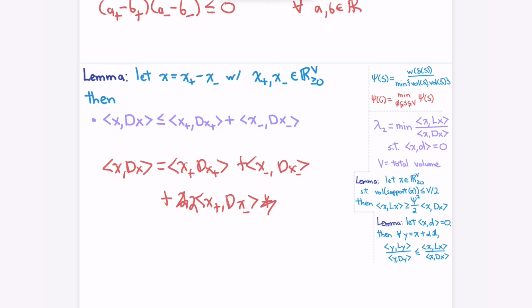Oh, I got it wrong. There's a minus sign. Good. Otherwise, we would have been in trouble.